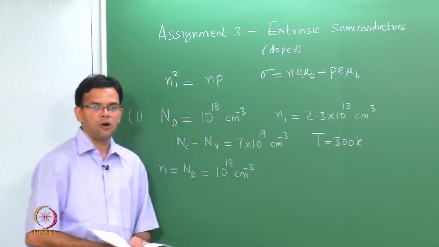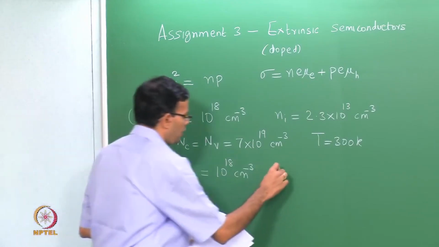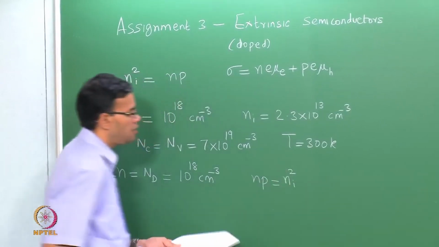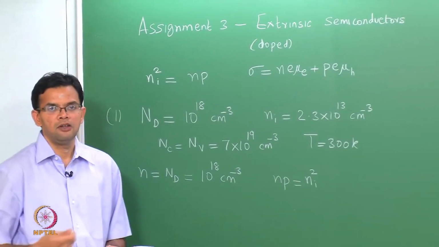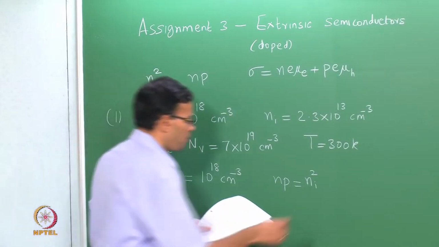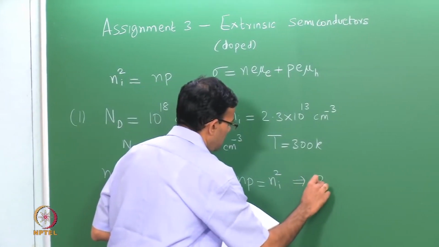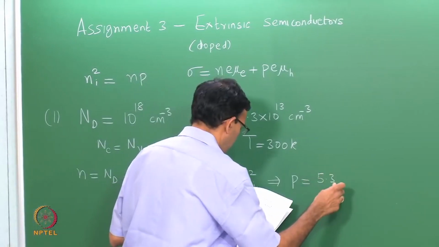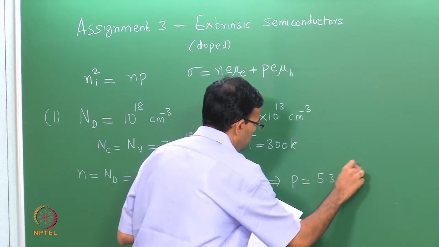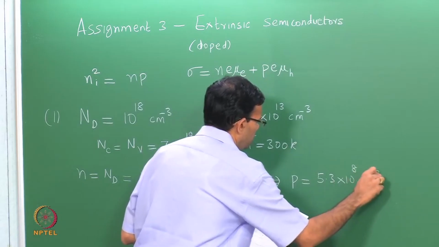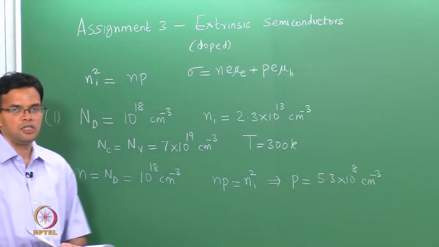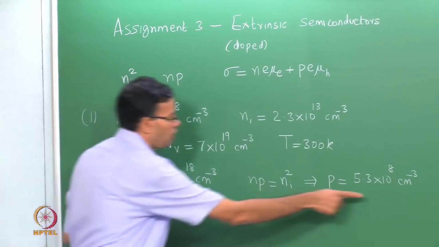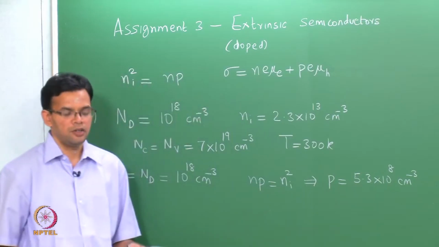To calculate the hole concentration, we can use the law of mass action. So, np is equal to ni squared. The value of ni is also given. So, p works out to be 5.3 times 10 to the 8 per centimeter cube. So, the concentration of holes is much smaller, nearly 10 orders of magnitude smaller than that of the electrons.